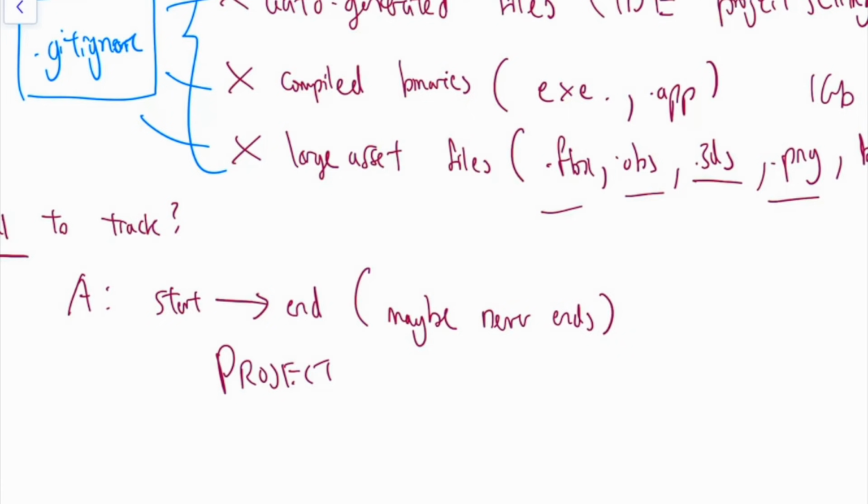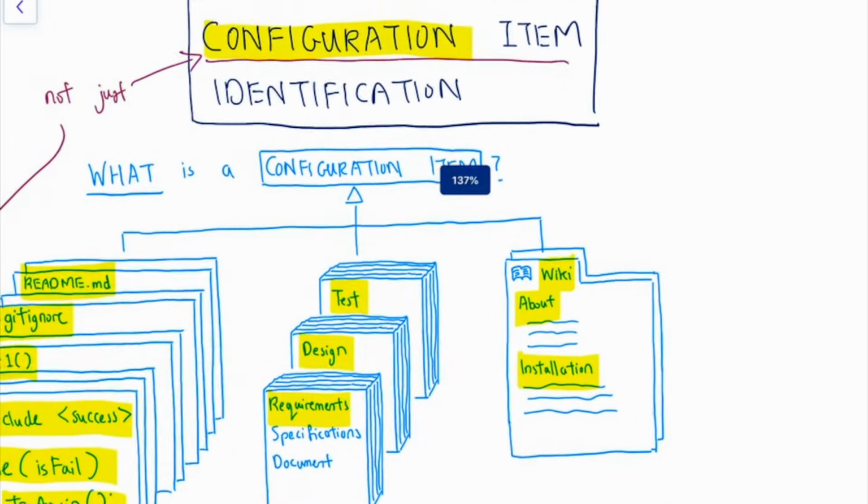There is no such thing as the end of the project. But if you were a vendor, you would actually have an end, so you need to track all the way to the end, and you hand over to the product owner. So this is determining what to track and what not to track.